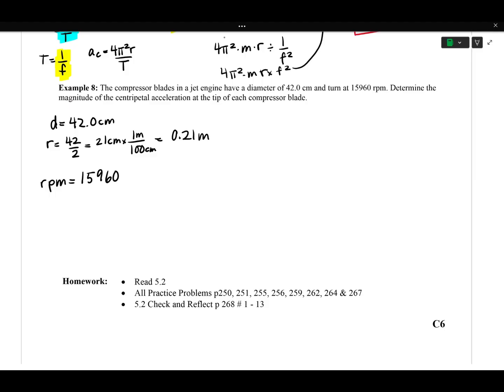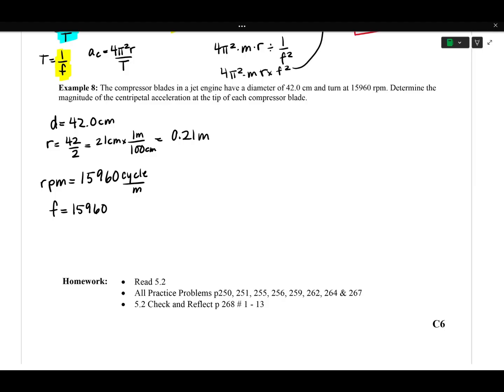Okay, and then we also know our RPMs, which will be 15,960 RPMs. So remember, an RPM is a cycle per minute. So if we go back way to the beginning, I think it was this set of notes here. If we want to go from RPMs to frequency, we're just going to divide by 60.